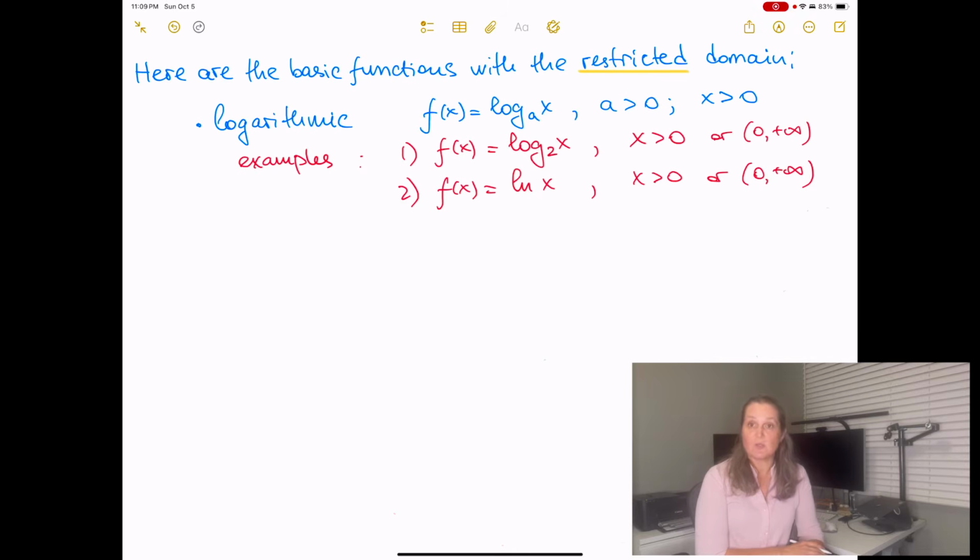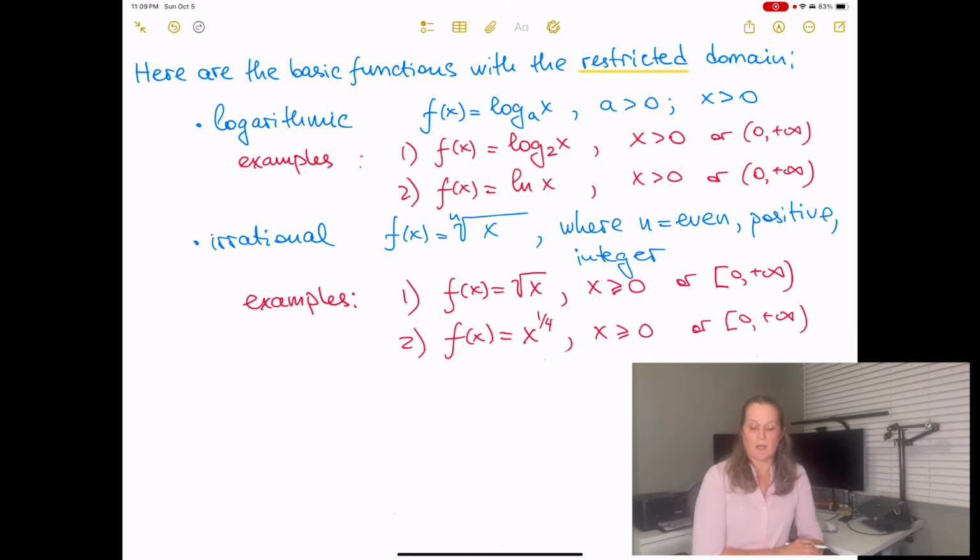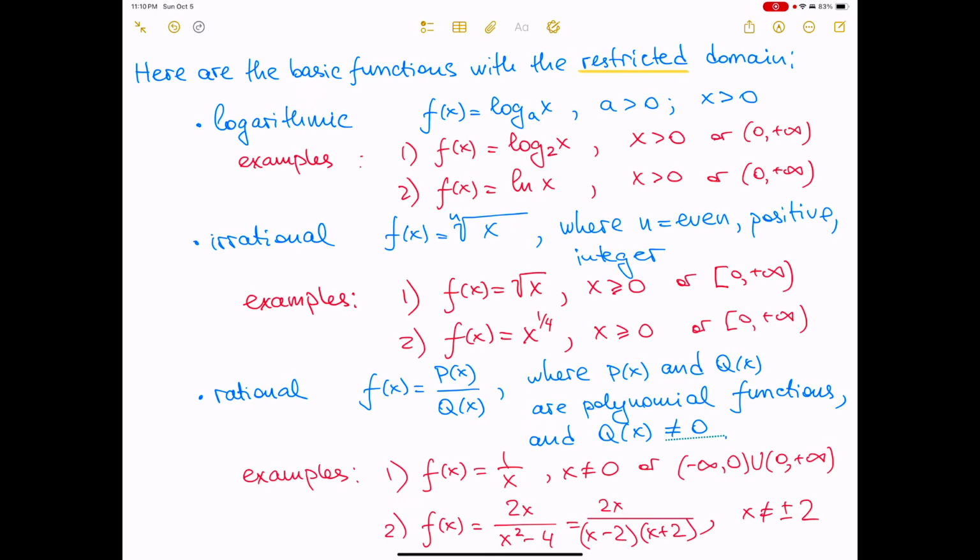The same is true for the natural logarithm of x, which has the base e. An irrational function where n is an even positive integer also has restrictions on the domain. For example, the square root of x does not take as an input any negative number, so x must be greater than or equal to 0. This is true for any even root, for example, x to the 1/4.